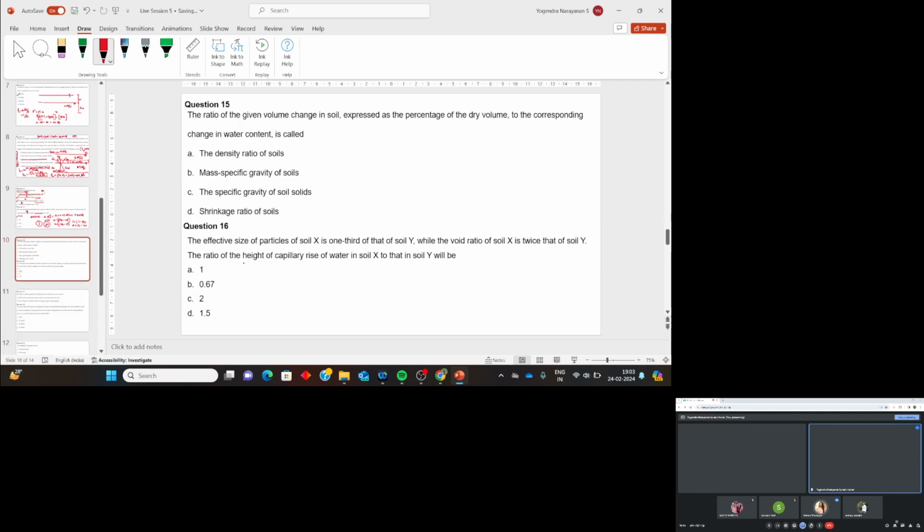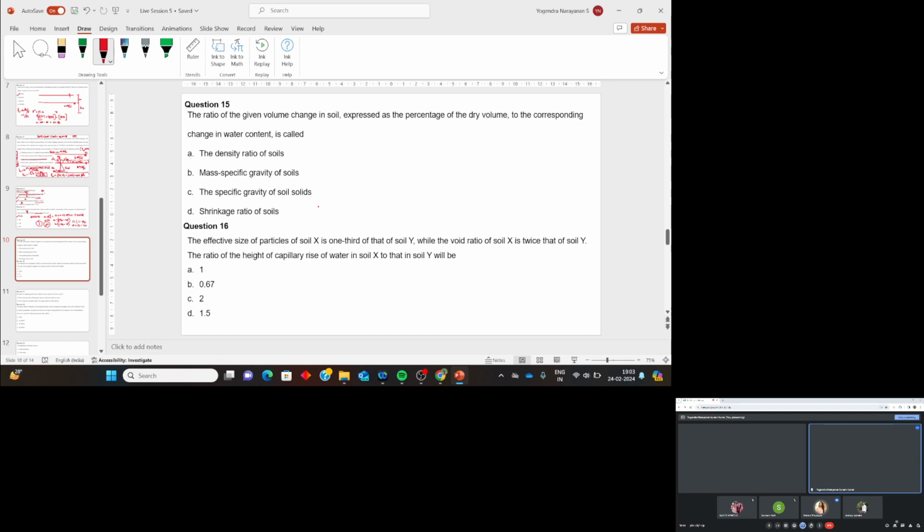And let us move to the next question. The ratio of given volume change in soil expressed as a percentage of dry volume to the corresponding change in water content is known as? Option A, density ratio. Option B, mass specific gravity. C, specific gravity of soil solids.